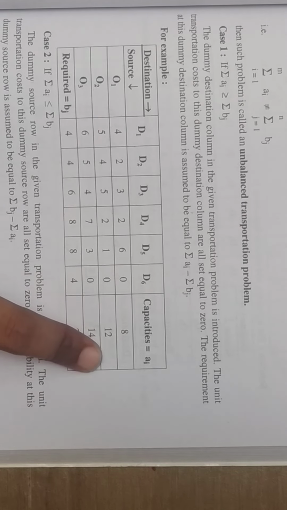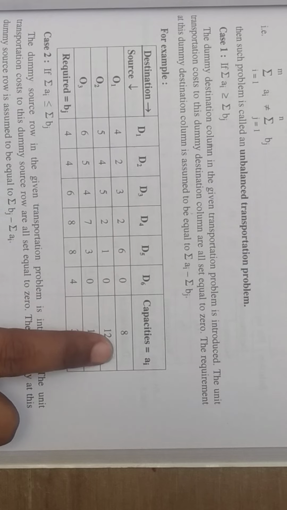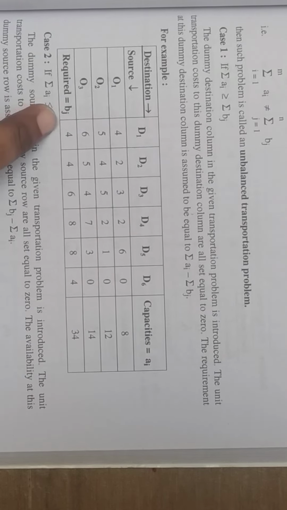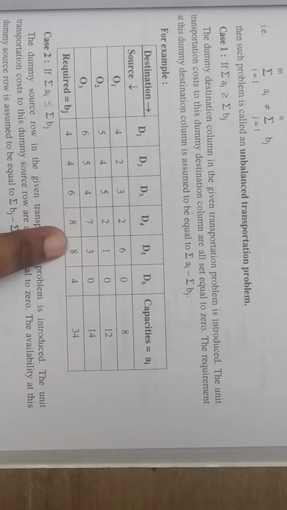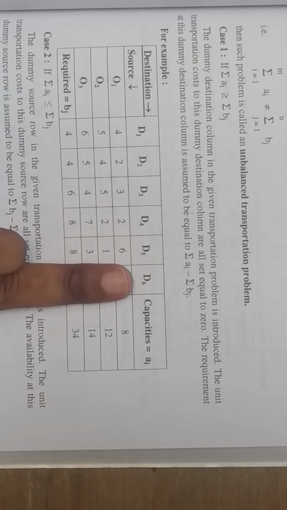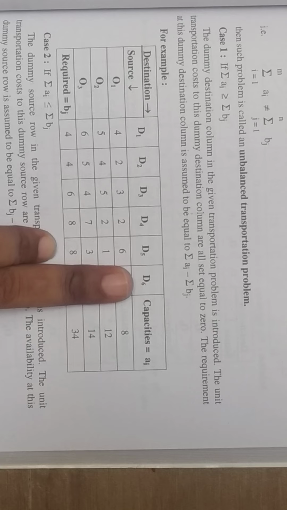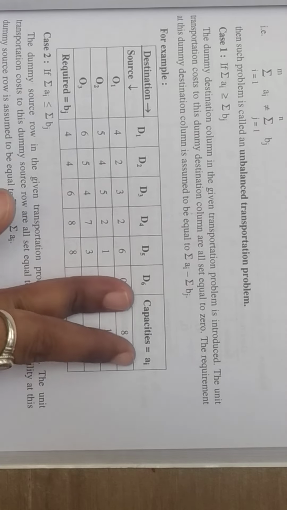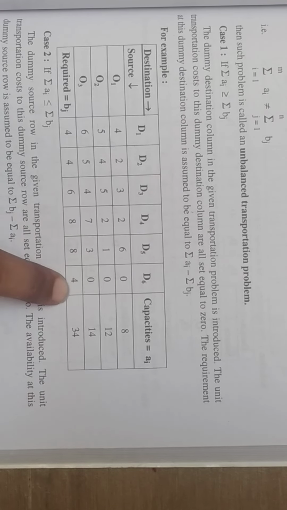The total capacity is 8 plus 12 plus 14, that is 34, and the requirement is 4 plus 4 plus 6 plus 8 plus 8, so the requirement is 30 in total. Summation Ai minus summation Bj, 34 minus 30, is 4.